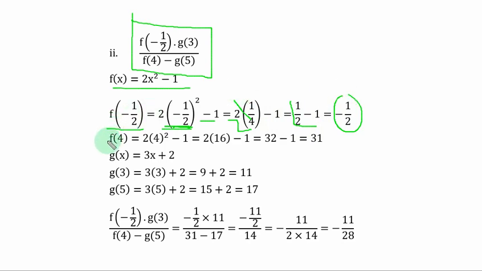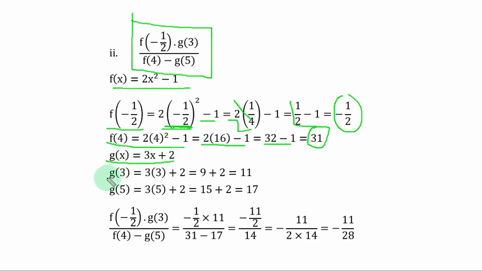So let's get f of 4. You simply replace s with 4 in this form. That gives 2 times 16 minus 1. That is 32 minus 1, and you have 31. For g of 3 and g of 5, you recall the function for g of s to be 3s plus 2.